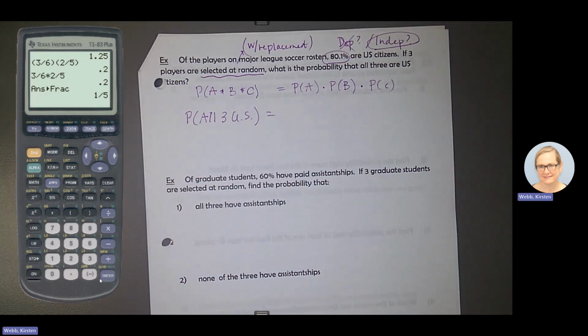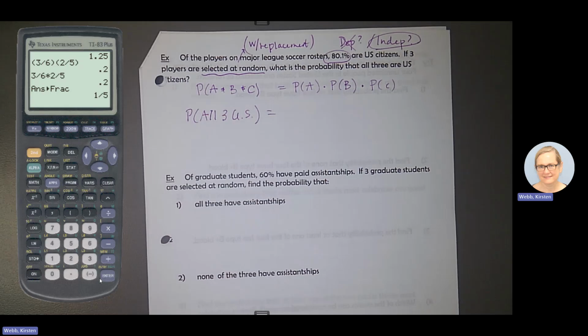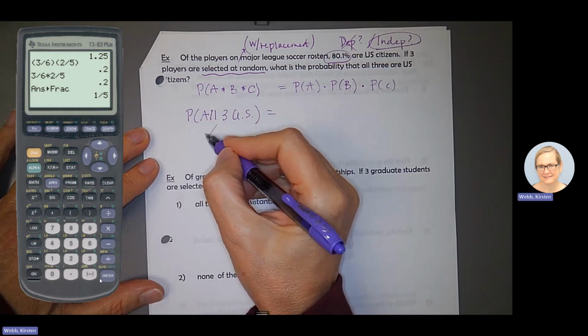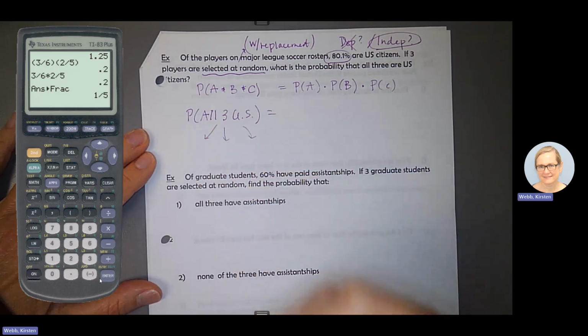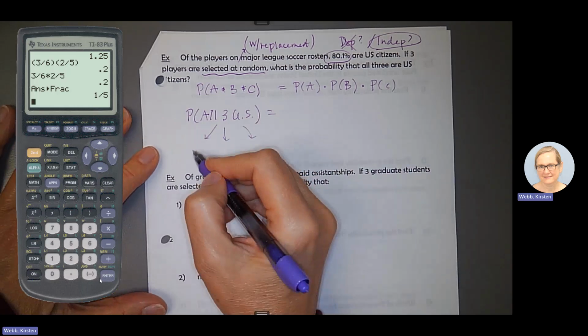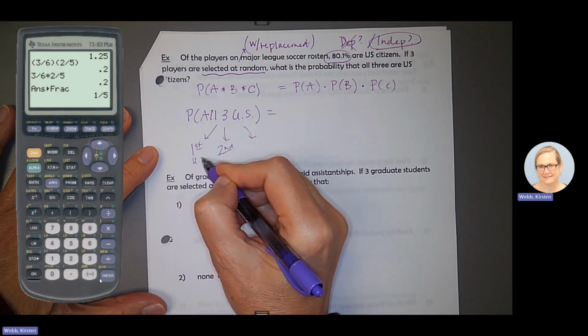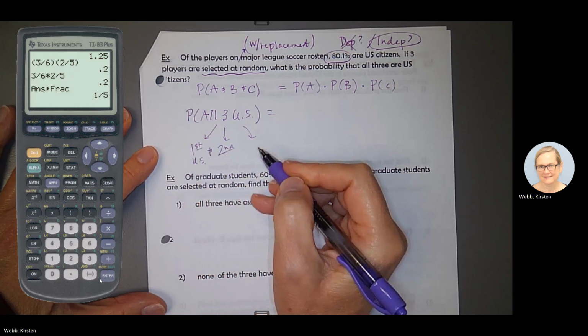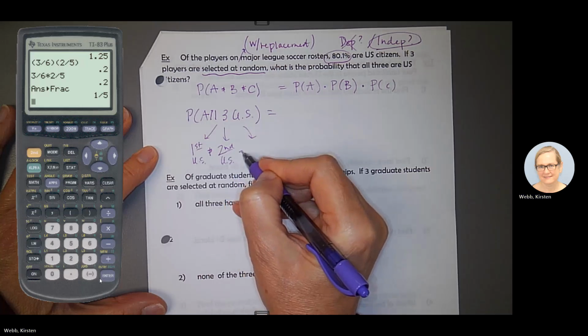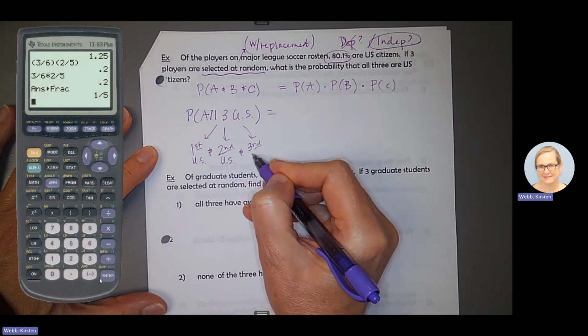They're asking us if three are randomly selected, what's the probability all three are US citizens? So all three, again, doesn't appear to have the word and in it. Let's think about what that means. That means the first one is a US citizen, and the second one, and the third one.